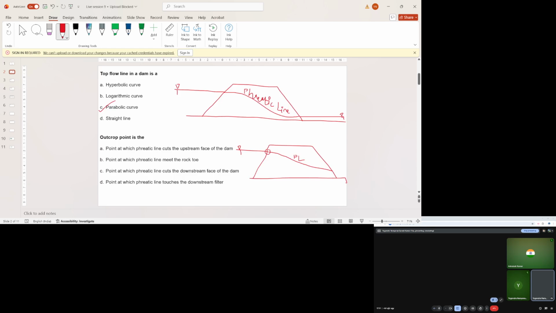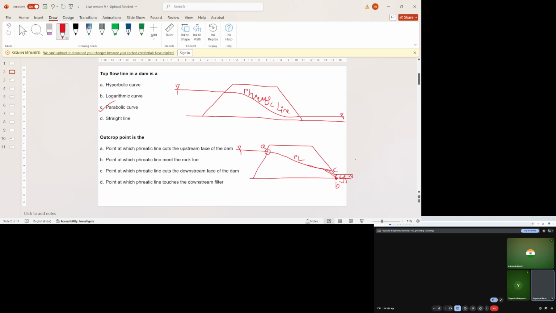Option B is the point at which the phreatic line meets the rock toe, so if the rock toe is here, this is point B. The point at which the phreatic line cuts the downstream face of the dam is point C. Option D is the point at which the phreatic line touches the downstream filter, so if there is a filter here, it touches here.